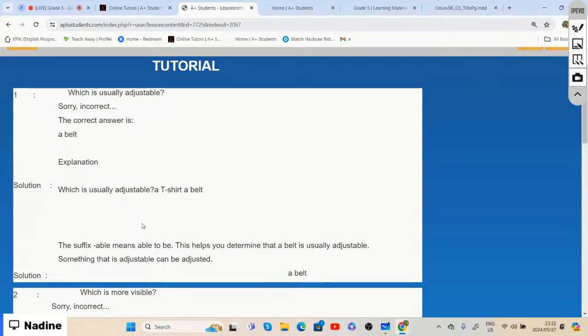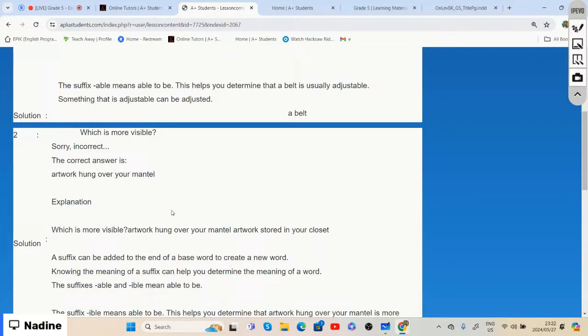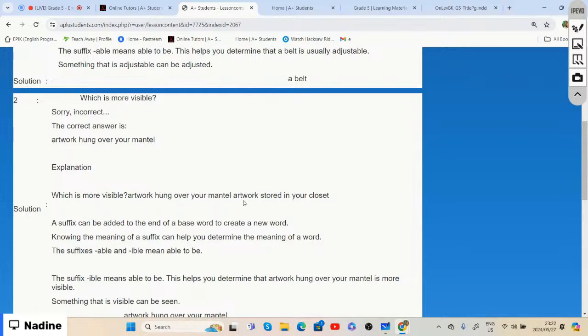All right. So we said a suffix can be added to the end of the base word or a root word that we've just learned to create a new word.